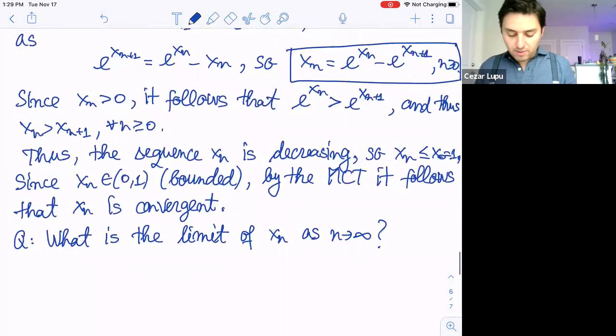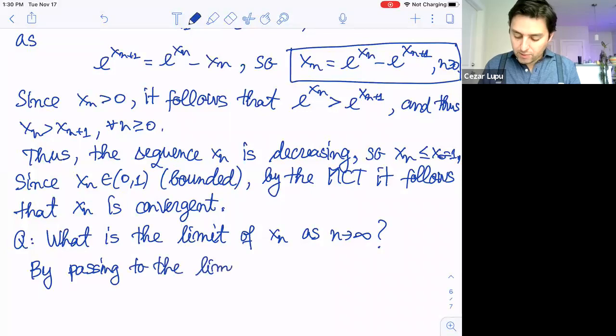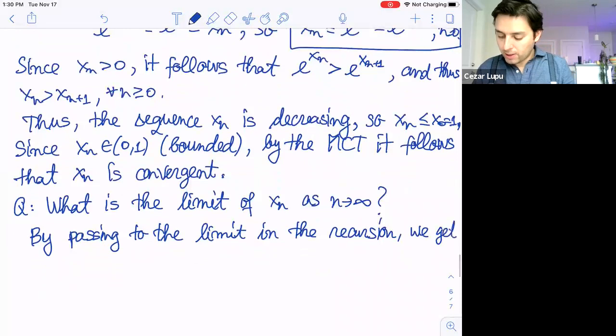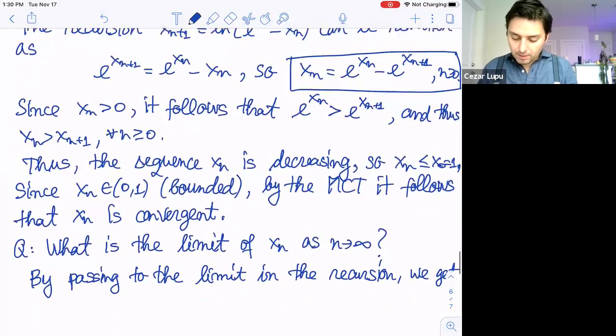By passing to the limit in the recursion, we get, let's see, what do we get?